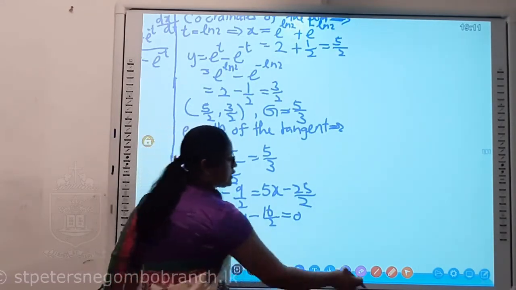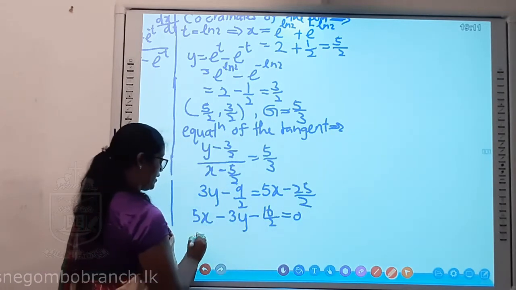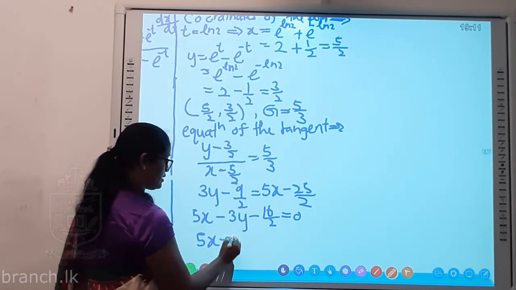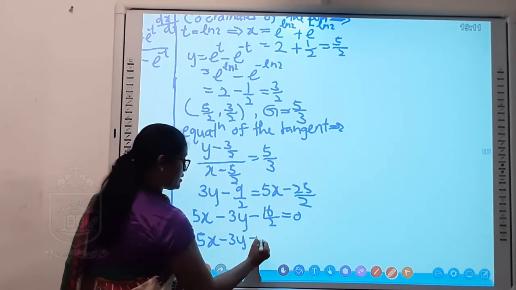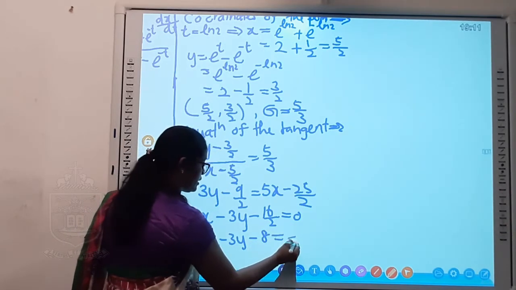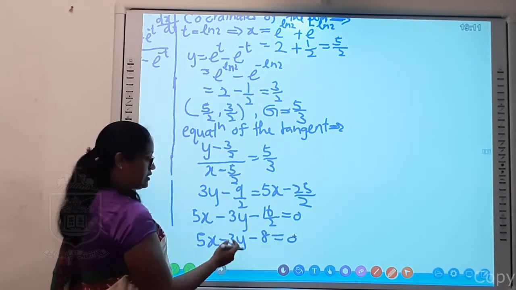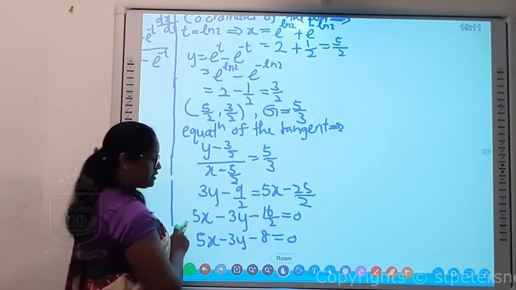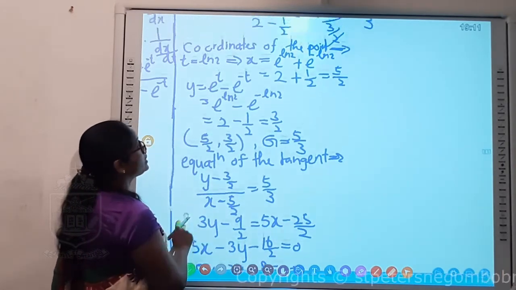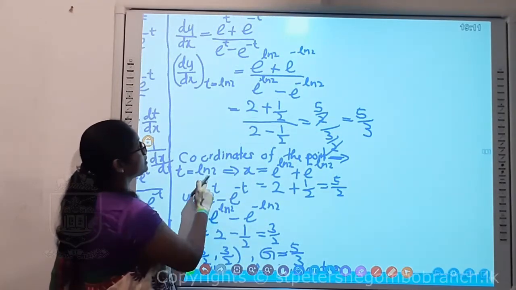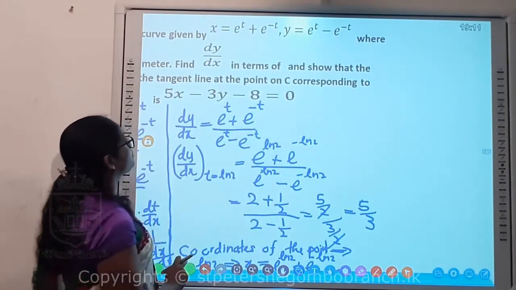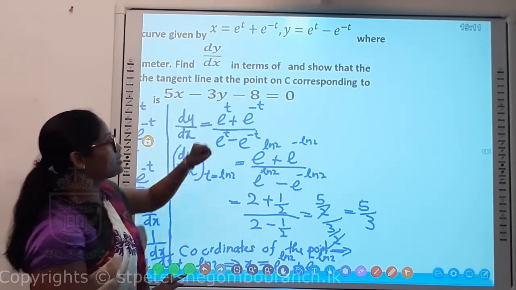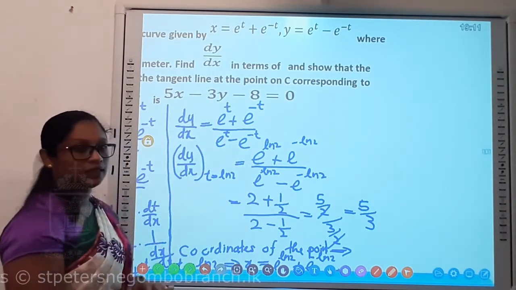So the final answer I can write as 5x minus 3y minus 8 equals 0. Right? This is the answer that we want to reach in the question: 5x minus 3y minus 8 equals 0. So that is the answer.